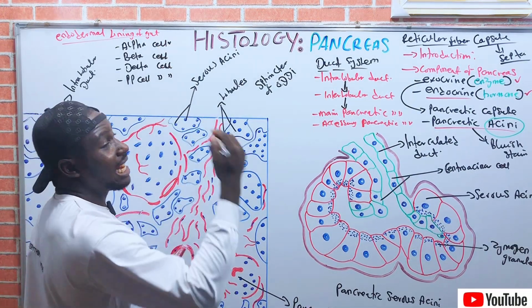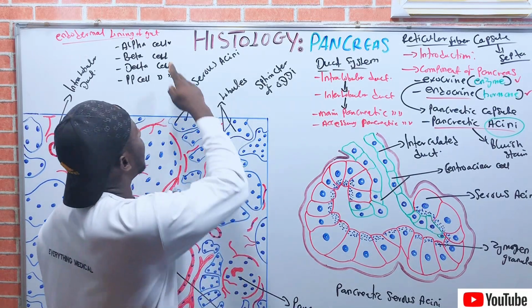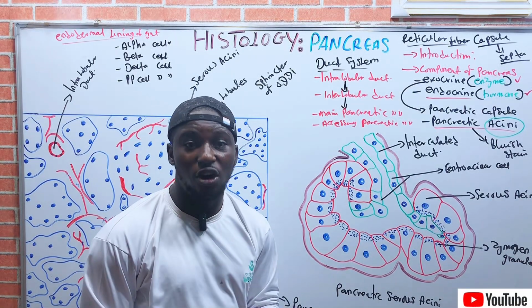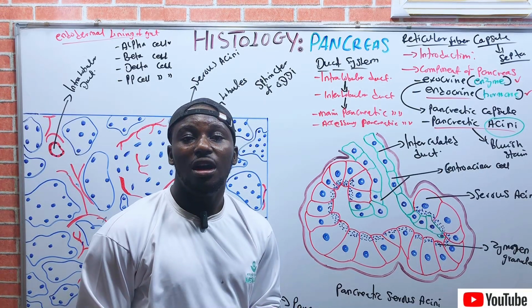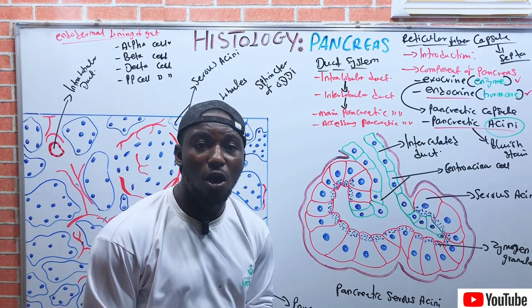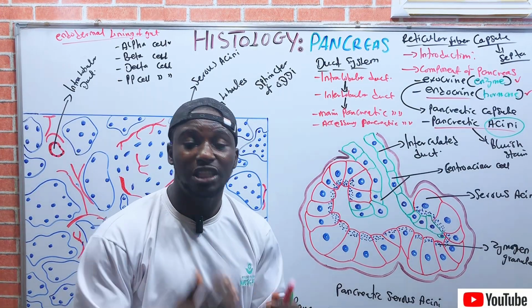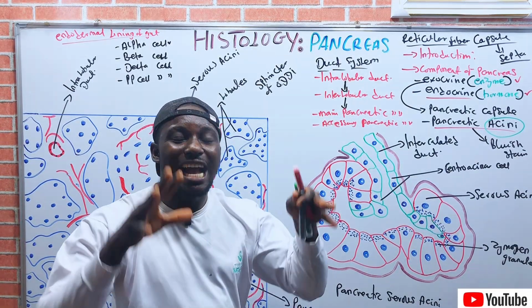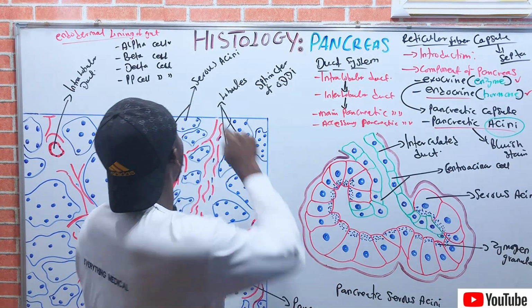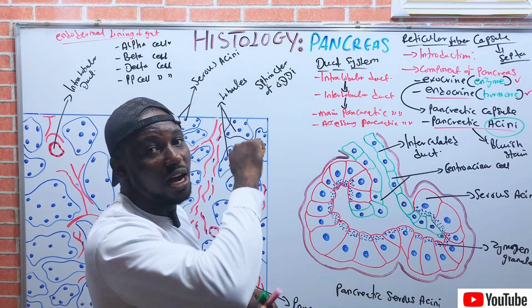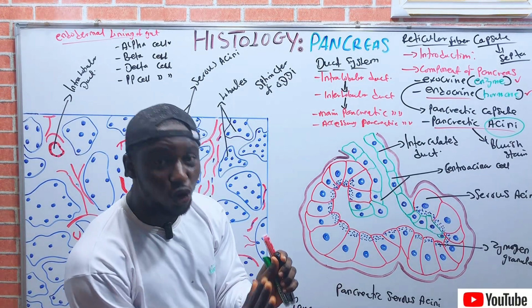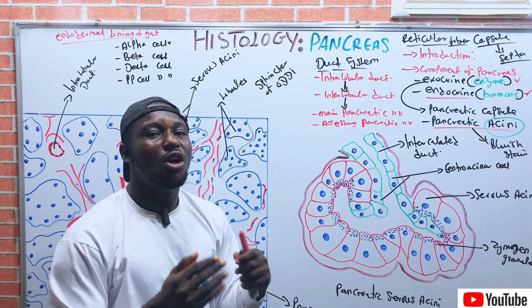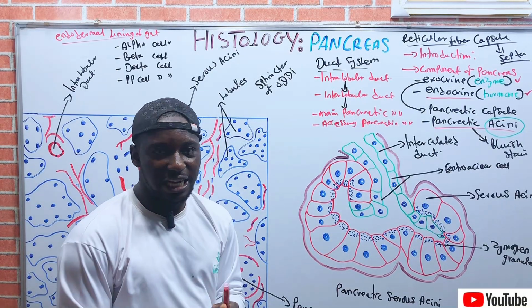In the pancreatic islet, the alpha cells tend to be arranged towards the periphery, or the cortex, of the islet of Langerhans.